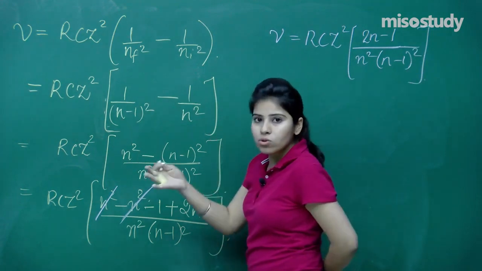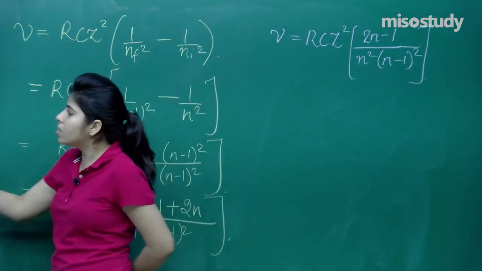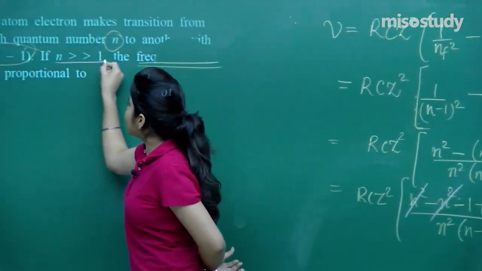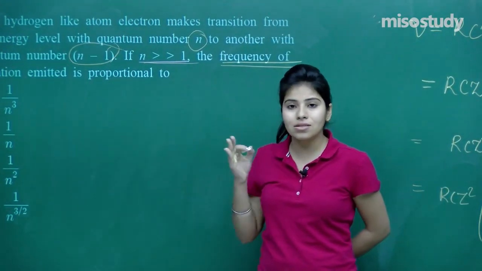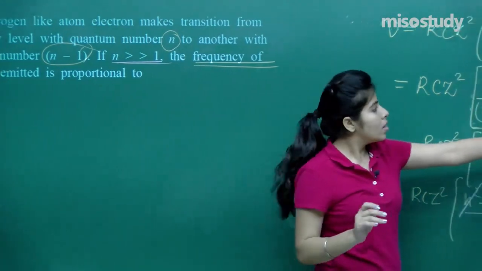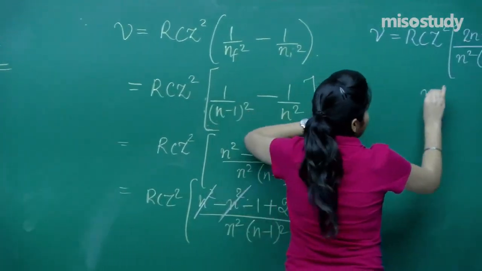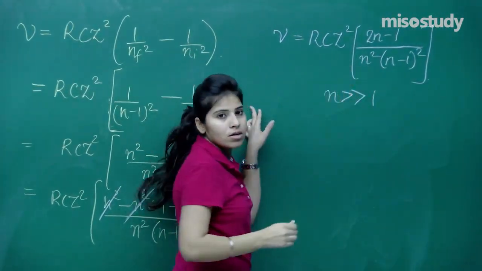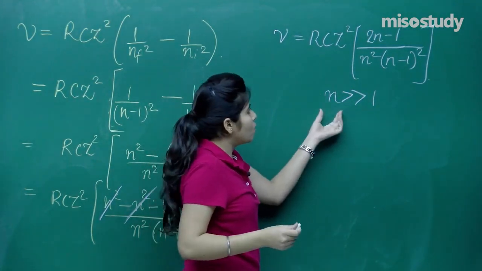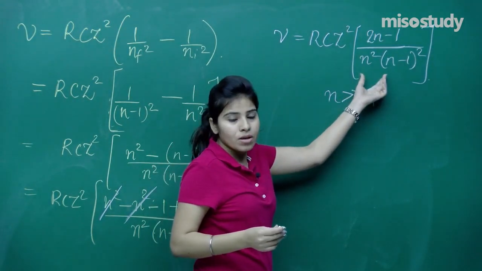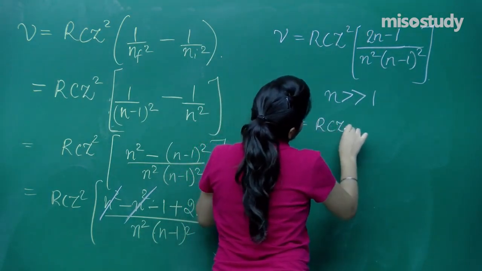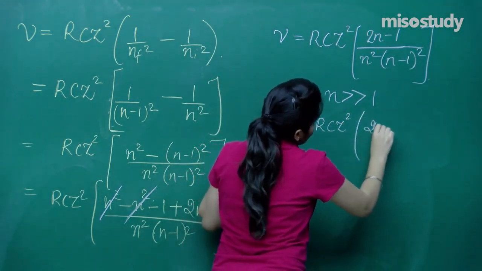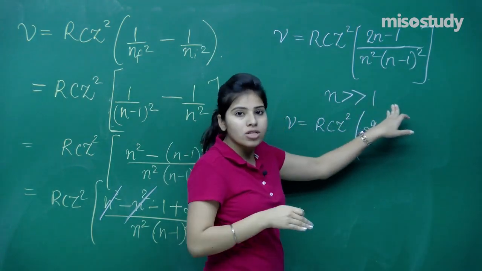Now just focus on the question that has been given over here. If n is very much greater than 1, we have to apply this situation now. If n is very much greater than 1, we can ignore this value 1.